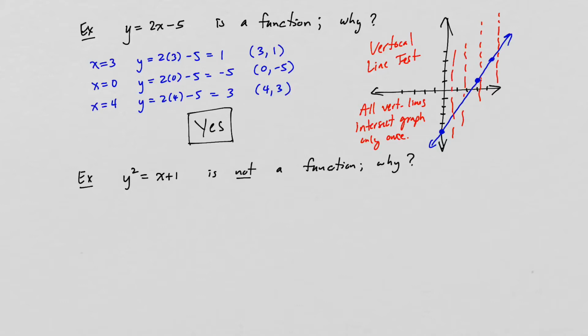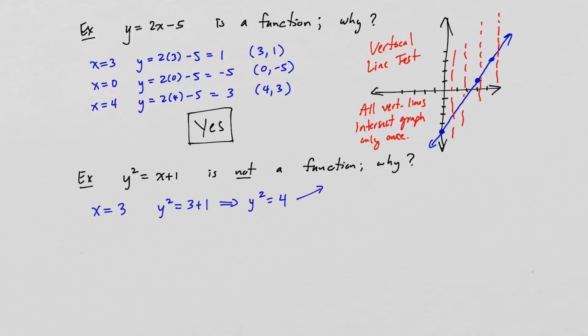Okay, next one. The equation y squared equals x plus 1 is not a function. Why is it not a function? Well, let's see what happens. If we choose x equals 3, what is y going to be? Well, y squared will be 3 plus 1, and that means y squared will be equal to 4.